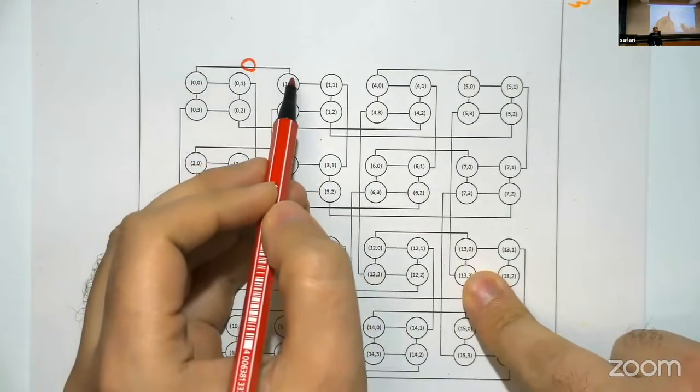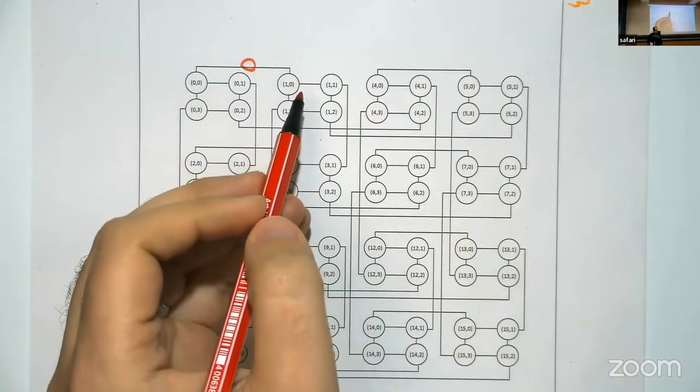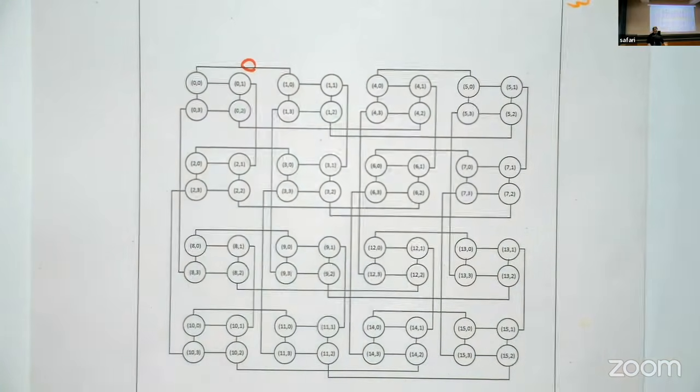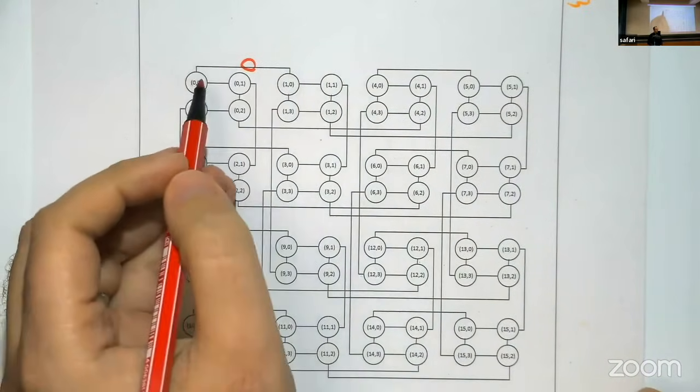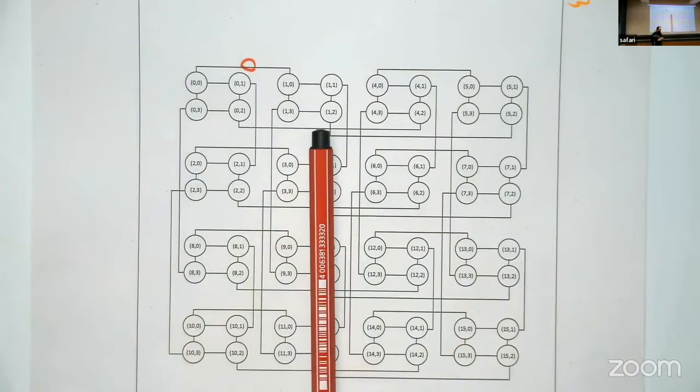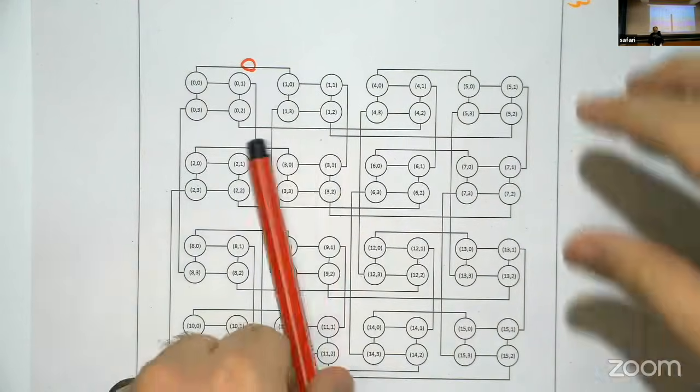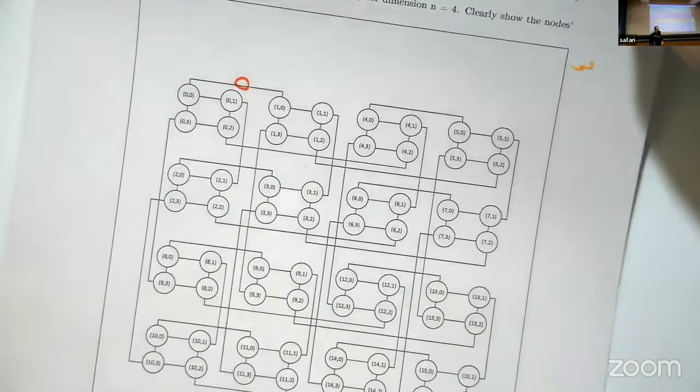If we want to keep continuing in the hypercube, we cannot, because we will get back to the previous node. So we always need to take one hop in the hypercube, then one hop in the ring, then hypercube, ring, hypercube, ring, hypercube, in order to reach the destination. That's the key idea in order to design a routing algorithm.